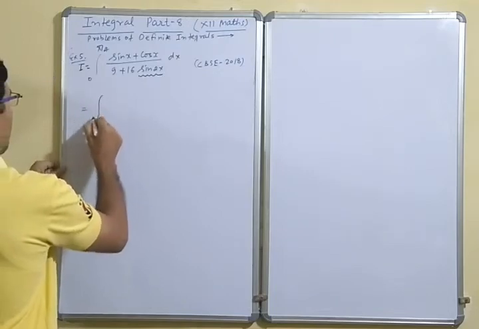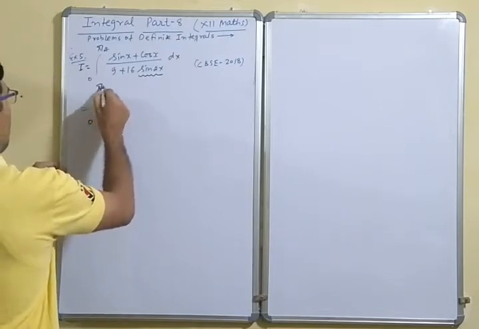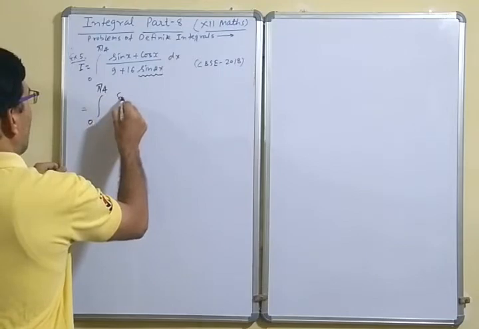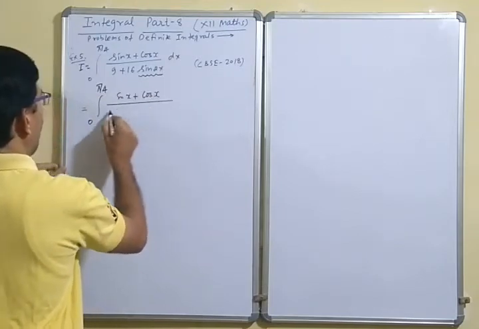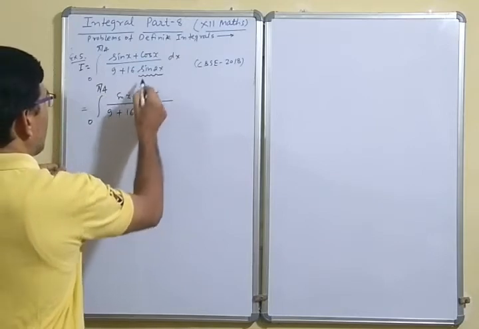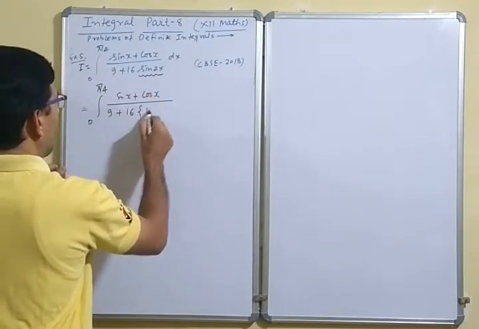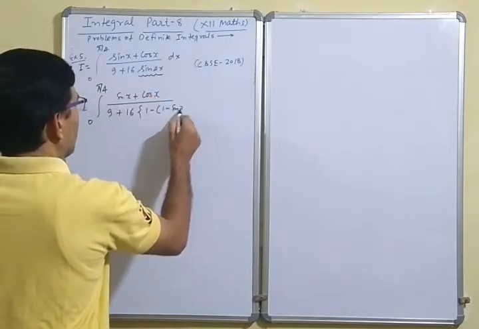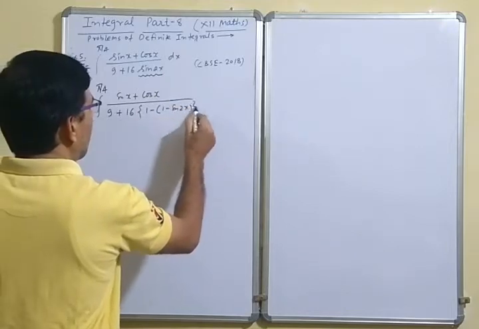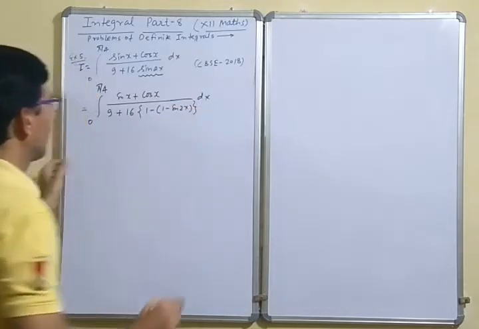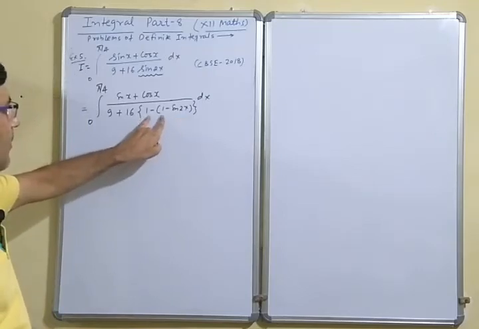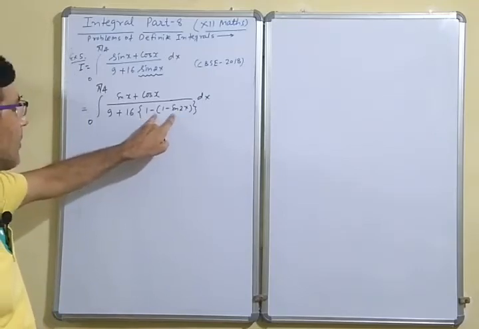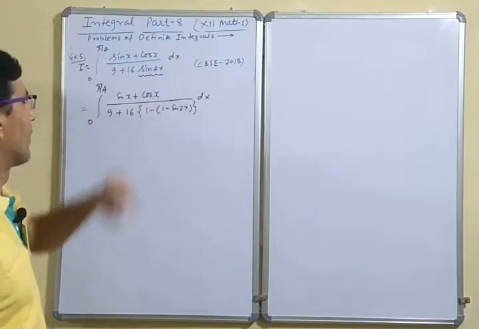That is, 0 to pi by 4, sin x plus cos x divided by 9 plus 16, and this sin 2x we will write as 1 minus (1 minus sin 2x). That is an important point and important step. So what does it become? 1 minus 1 cancels out, minus minus plus, again you will get 16 sin 2x.